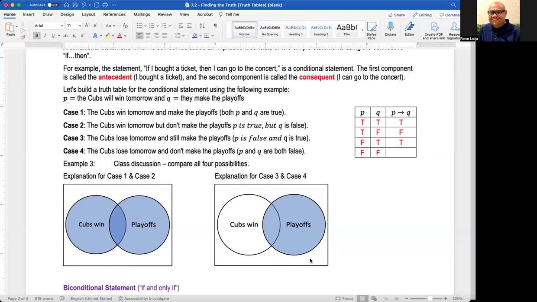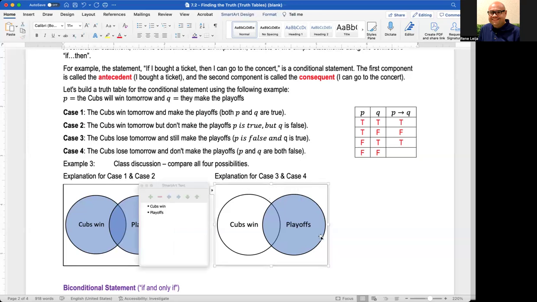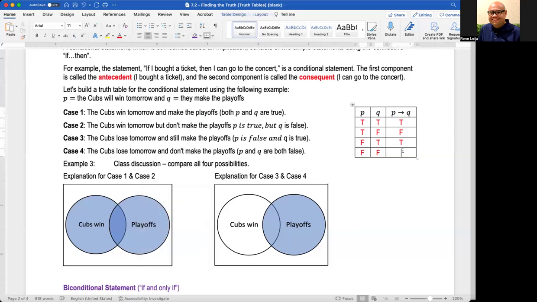That also includes this part, all of this, everything that's outside the circle, which means it's still true. So if they lose tomorrow, then they don't make the playoffs. And if I'm out here, I'm also outside of the playoff circle. Okay. And that's why that is also a true statement. So it's kind of weird, but it makes a whole lot of sense when you see the Venn diagram, when you see the picture of it.